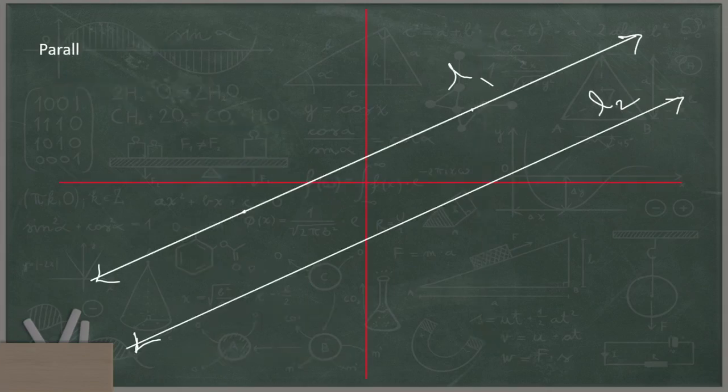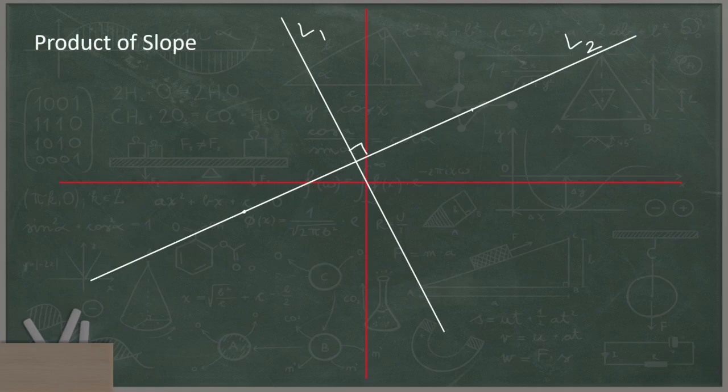Next, slopes of parallel lines are equal. For example, L1 and L2 are both parallel lines, and if the slope of L1 is m1 and slope of L2 is m2, then they are equal, m1 is equal to m2. If the slopes are equal, the lines are parallel.